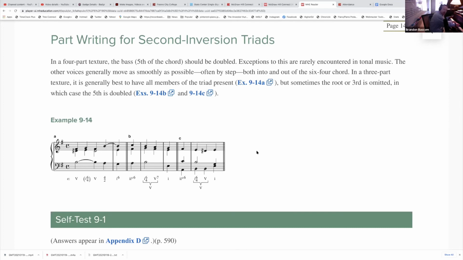I want that G in there. Doubled. Sounds kind of nooked. If it goes by fast enough, it's hard to notice. Sure. So normally, double the bass, which is the fifth of the chord.